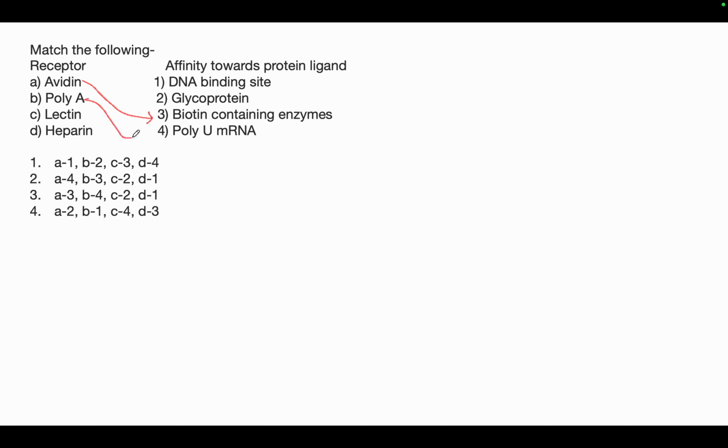So this is RNA hybridization. Lectin will hybridize with glycoprotein. This is an interaction found in the cells also. Heparin identifies the DNA binding site. So the correct answer is 3.